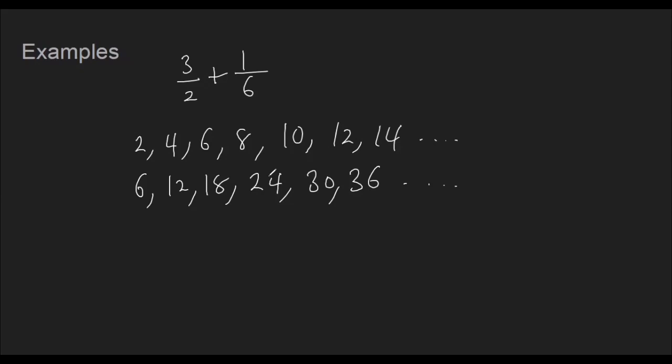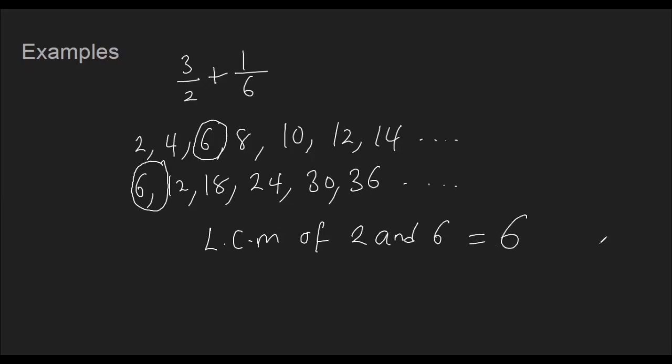If we look at the multiples of 2 and the multiples of 6, the least multiple common to both is 6. So the LCM of 2 and 6 is 6. That's the least common multiple.